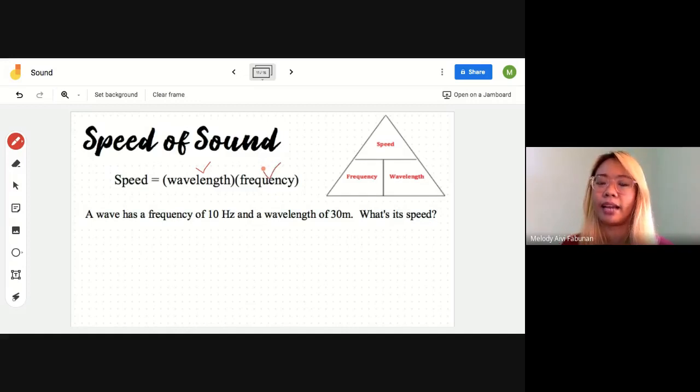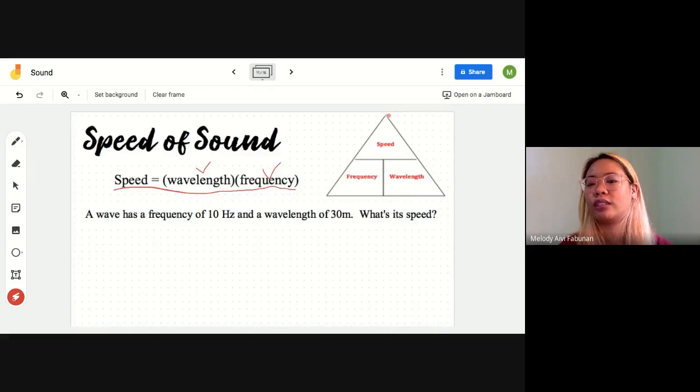So alam na natin mag-identify ng wavelength, alam na rin natin mag-identify ng frequency. And it's important to identify wavelength and frequency because for the speed of sound, we are going to multiply the wavelength by the frequency.